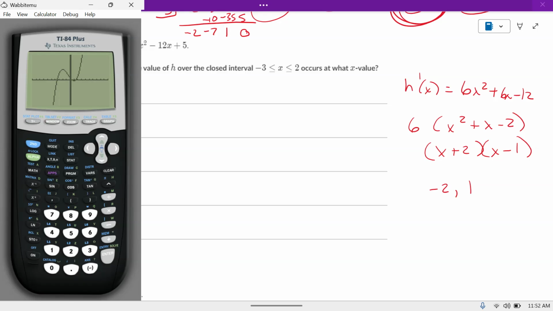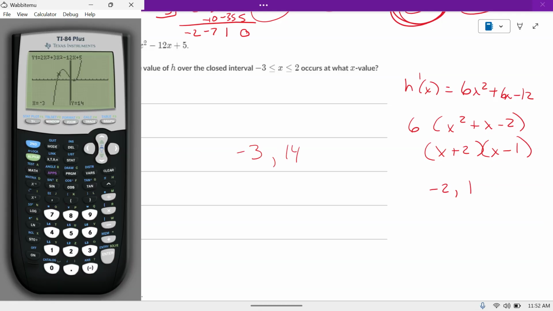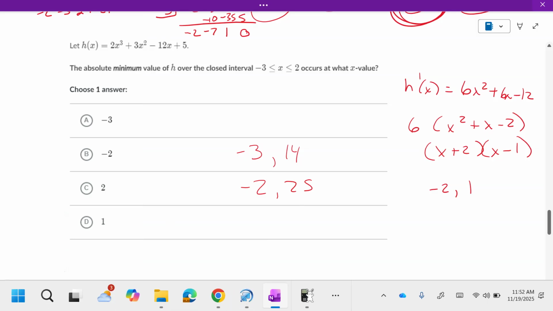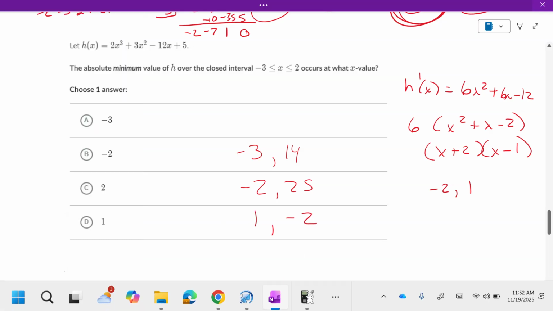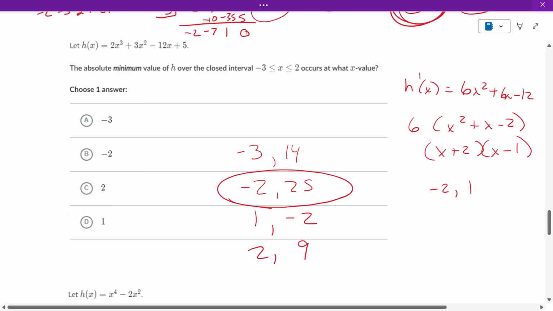Looks like that. If we trace to negative 3, negative 3 gives us 14. If we trace to negative 2, negative 2 gives us 25. If we trace to 1, 1 gives us negative 2. And if we trace to 2, 2 gives us 9. So negative 2, the minimum would occur at 1.